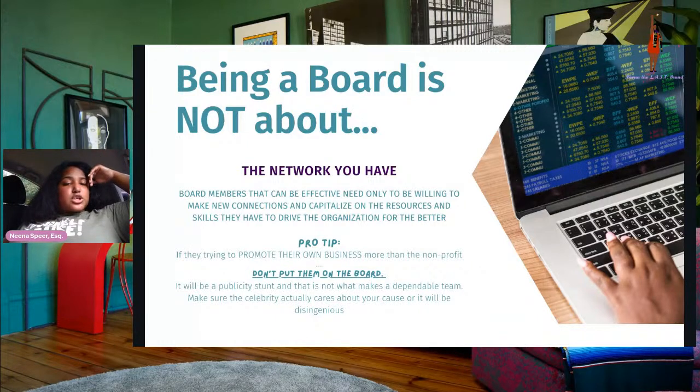And I'm not trying to do that. This is not a publicity stunt, okay? Usually, if a celebrity joins, how often do you see them there to actually do the work, to do the promotion of the event? They don't do it. They don't show up. They show up to sign autographs. Then they go about their merry way.